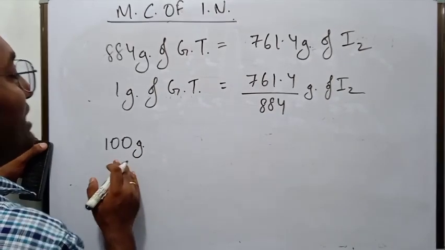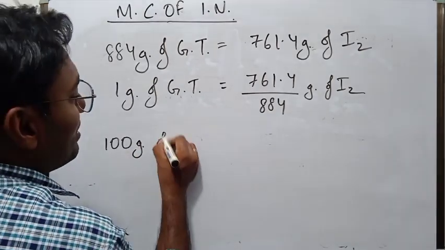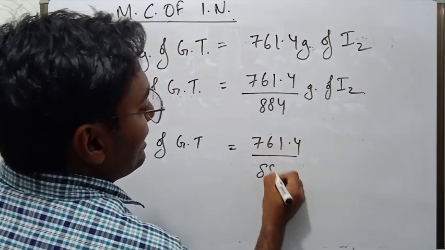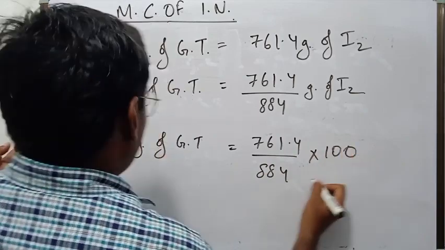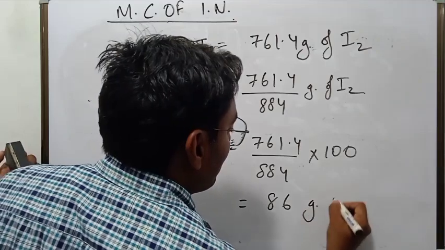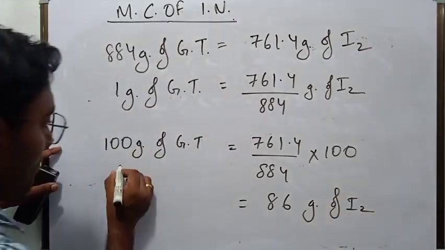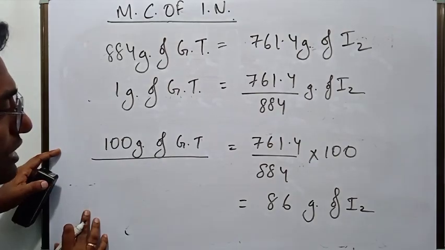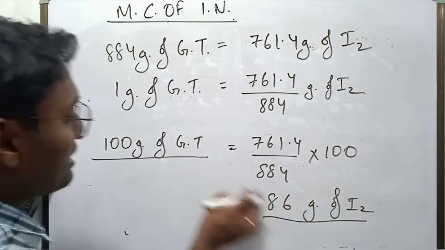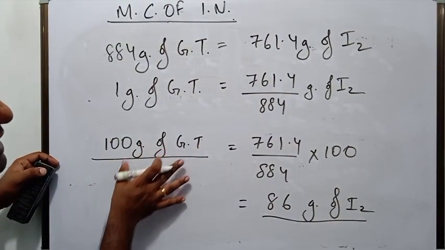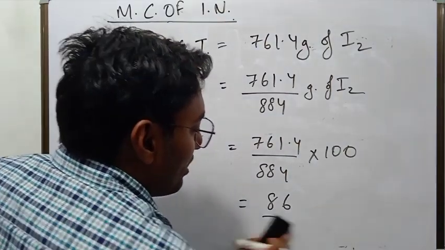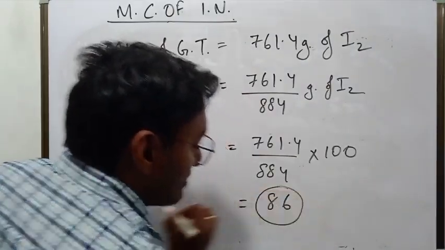So we will calculate for 100 gram: 761.4 divided by 884 into 100. The amount of iodine comes to 86 gram. So for 100 gram of glyceryl trioleate, you need 86 gram of iodine. So 86 gram of iodine can comfortably add to 100 gram of glyceryl trioleate, and so that is the iodine number of your glyceryl trioleate, 86. That is the iodine number.